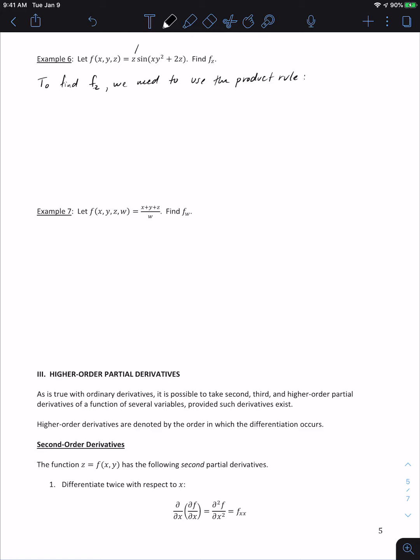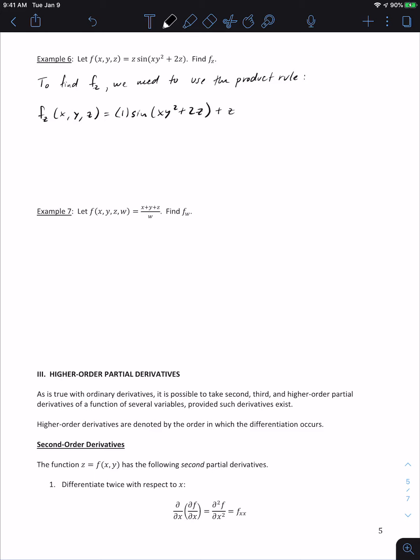Because z is a function of z, and sine of xy squared plus 2z is a function of z, right? So f sub z of x, y, z, or the partial derivative with respect to z, is take the derivative of z, which is 1, and then I get sine of xy squared plus 2z, and then plus, I leave the z alone.